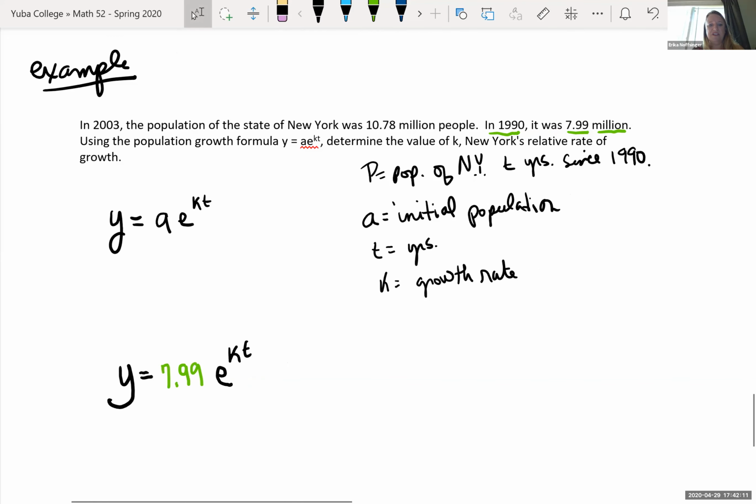Okay, this is similar to the other problem where we needed to figure out what one of the variables was, but it gave us enough information, basically a point, where we could figure out the other variable. So it tells me in 2003. So let's figure out T equals what in 2003? Well, T equals number of years since 1990.